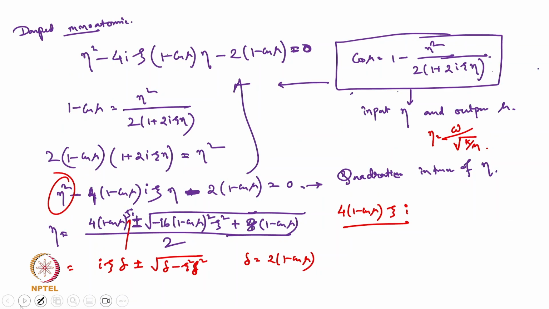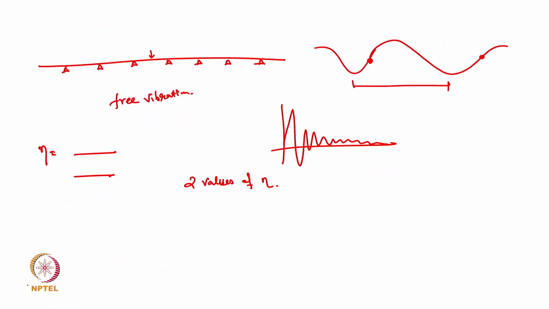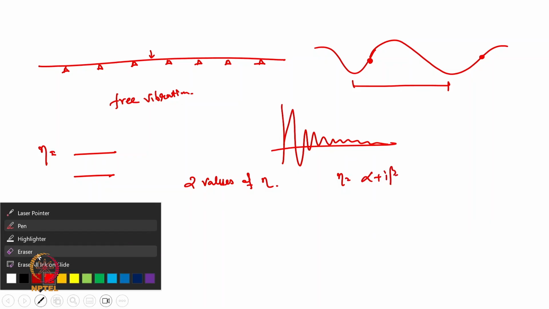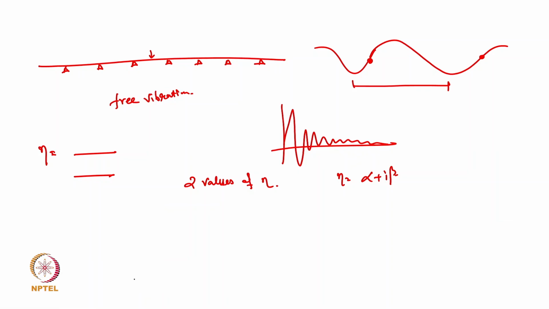Now eta is basically the ratio of my frequencies. If I think that eta can be written as alpha plus i beta, then what is exactly happening here?